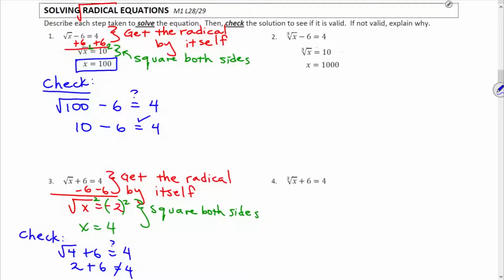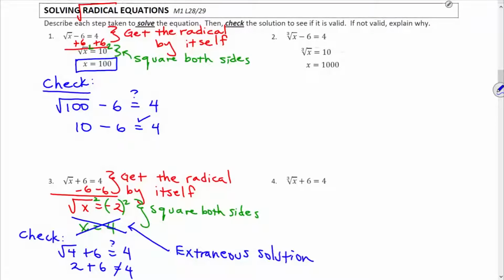What happened is that as we squared both sides, we got a situation where 2 and -2 squared are both 4, and that can happen as you square both sides. So this is not a solution. This is an extraneous solution.